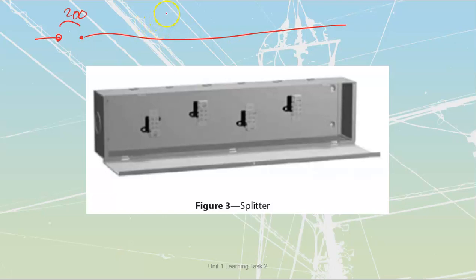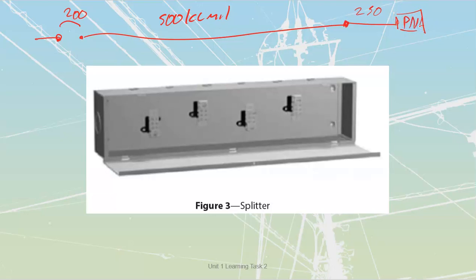Normally I'd be running 250s, but maybe I ran this thing all the way up to 500 kcmil. If this is a 500 kcmil, I need to then terminate it onto a smaller set of conductors over here that are going to be my 250s, because I'm going to need those 250s going into my actual device, my 200 amp rated, we'll call it a panel, that we have over here.